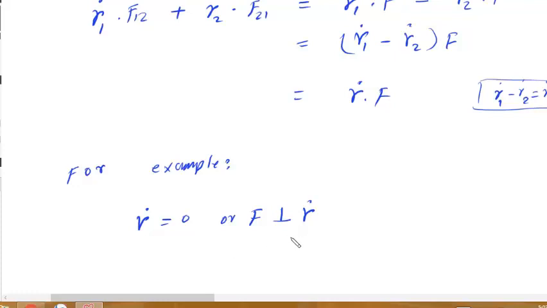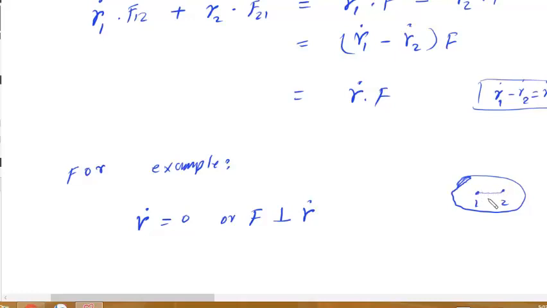In the case of rigid bodies, where the positions of the body are fixed, when we apply a force on the rigid body, let us look here. This is a two particle system, this is particle 1 and this is 2. If we apply a force on this rigid body, then the distance between these two particles does not change.